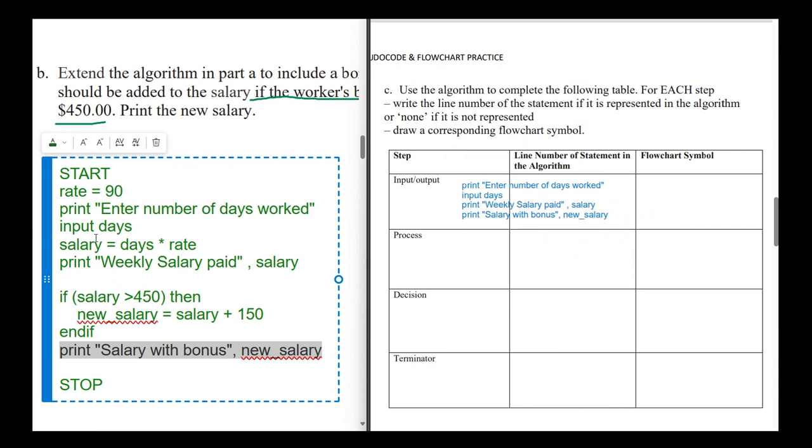Now we need to write what the symbol would be. What symbol would you use for an input and output? Now, usually the input is a parallelogram. Let me try to draw this.